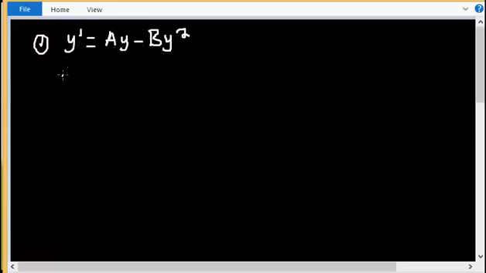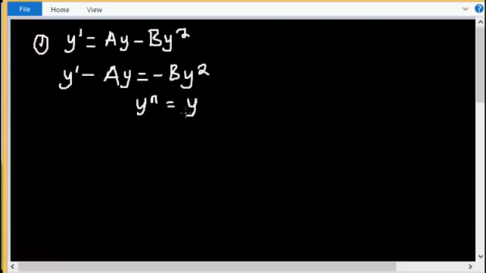So this is going to be y prime, ay goes over, that's minus ay, equal to minus by square. Now I can introduce the variable. Remember the n: y raised to power n in this case is y raised to power 2, which simply means that n is 2.